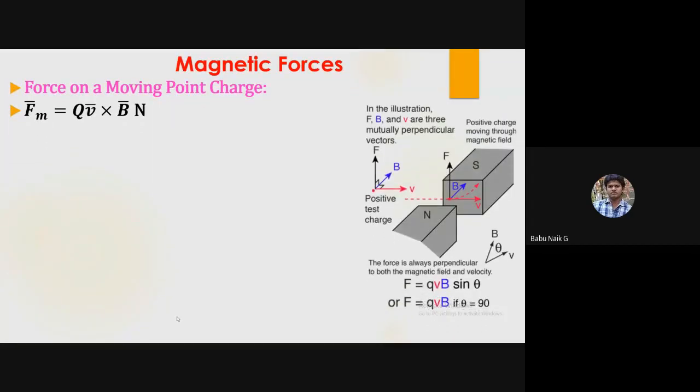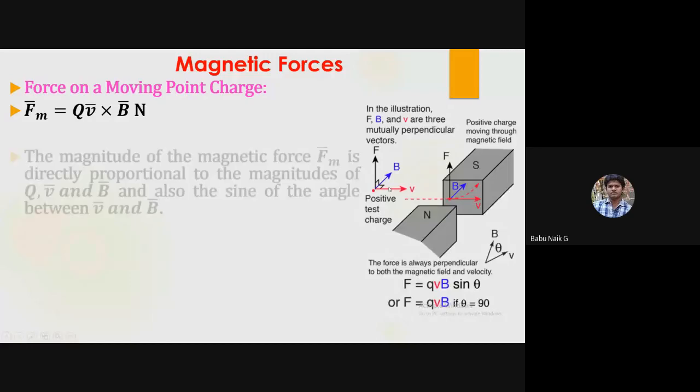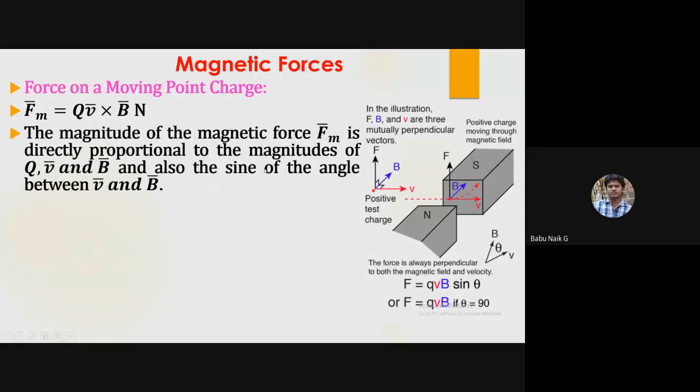Now let us take the same thing. Considering the force, velocity, and charge, the angle between the velocity of the charge and the magnetic field is always 90 degrees. The force is always at right angles to the velocity and at right angles to the magnetic field.